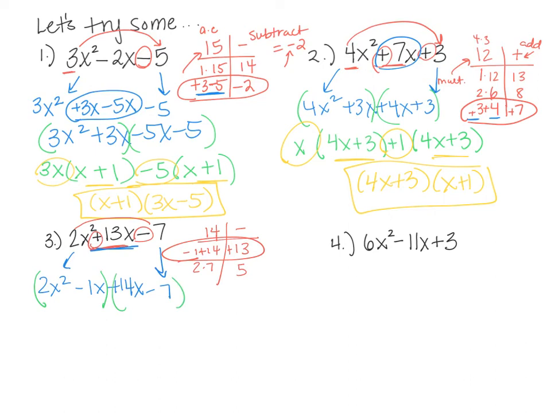So in that first set, I notice I just have an x in common, which is going to leave me with 2x minus 1. In the next set, I notice that I have a 7 in common, which is going to leave me with 2x minus 1. Remember, I'm dividing that value out. Then I'm going to find my match, which is 2x minus 1, and my leftover, which is x plus 7.